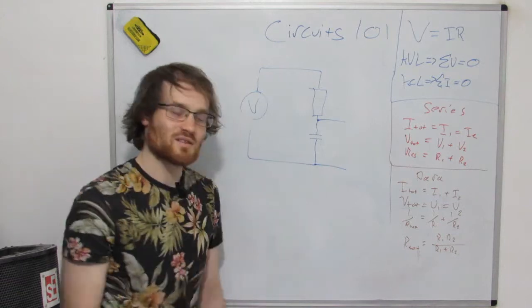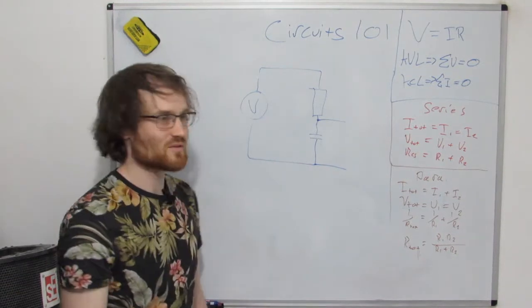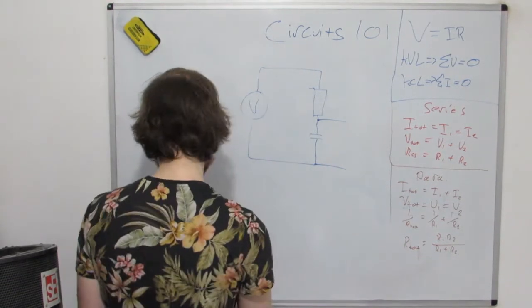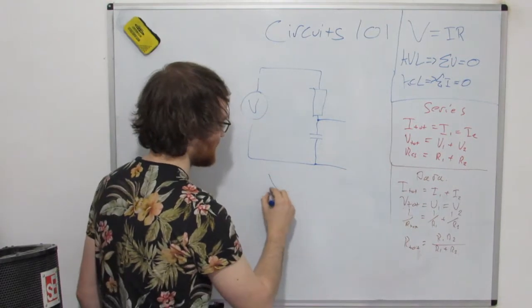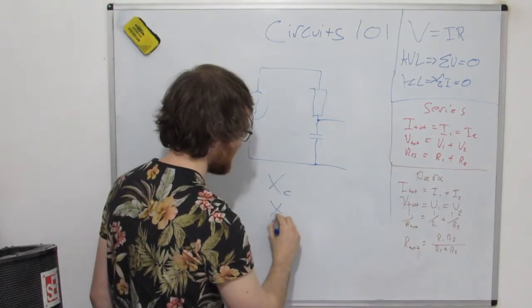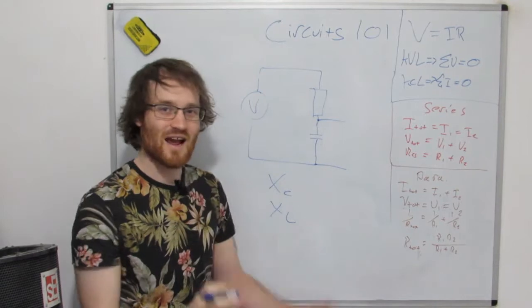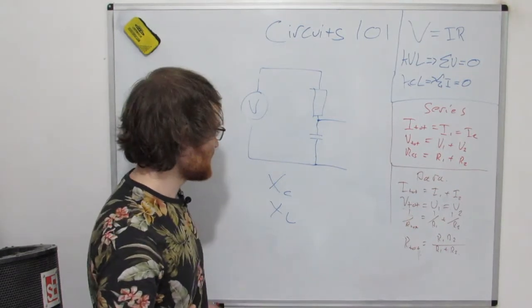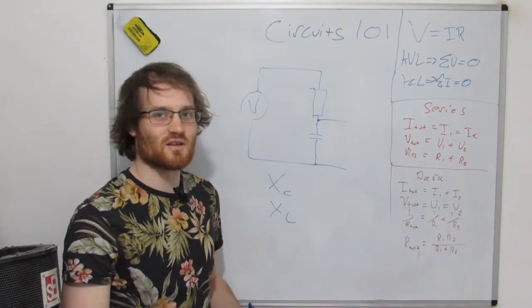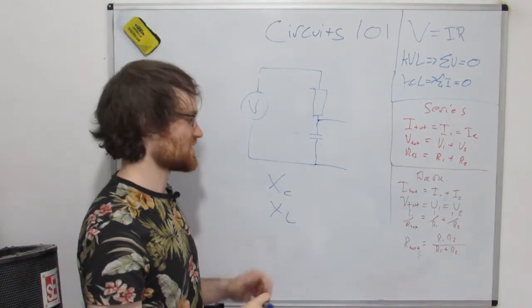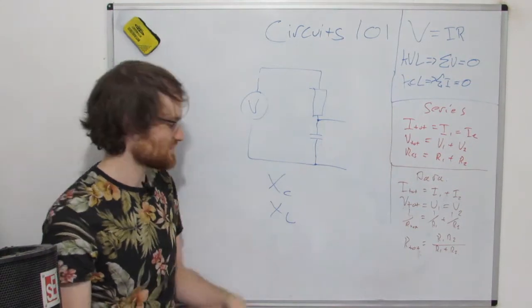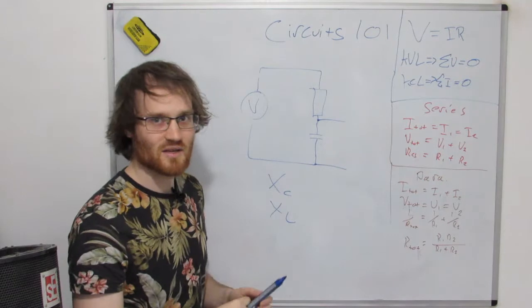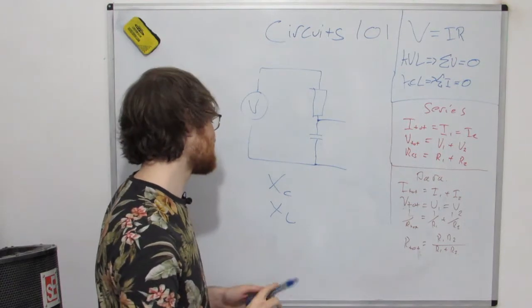Whereas capacitors and inductors have a thing called reactance. The reactance for a capacitor is written XC. Inductors, we'll rarely talk about, because to get frequencies in the audio range using inductors, you need really huge inductors that are expensive and take up loads of space, so I'll only briefly talk about inductors, but don't worry about them for now.